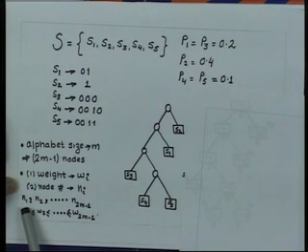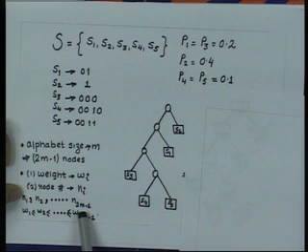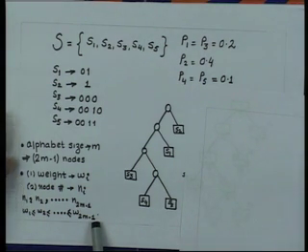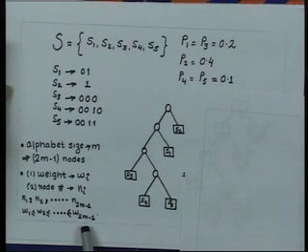If I have the numbers given to the nodes as n1, n2 up to n2m minus 1, then I number the nodes in such a way that the weights of the nodes satisfy this relationship: W1 is less than or equal to W2 is less than or equal to W2m minus 1. And in the adaptive Huffman code, this numbering is done from left to right and bottom to top.